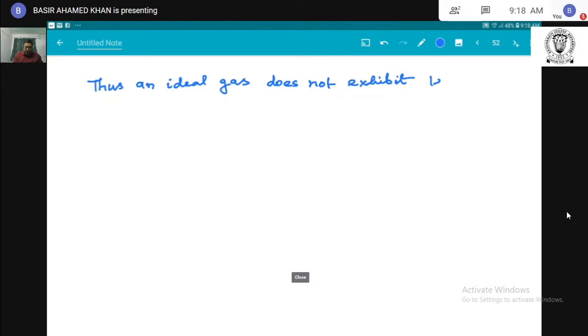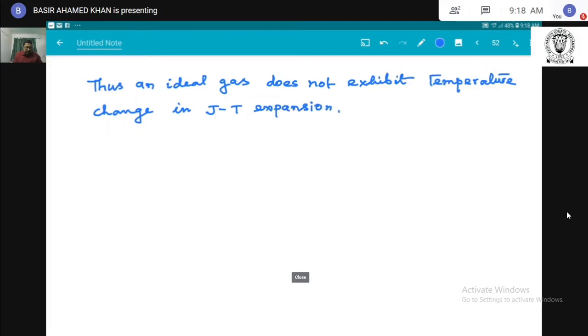Thus, an ideal gas does not exhibit temperature change in JT expansion.